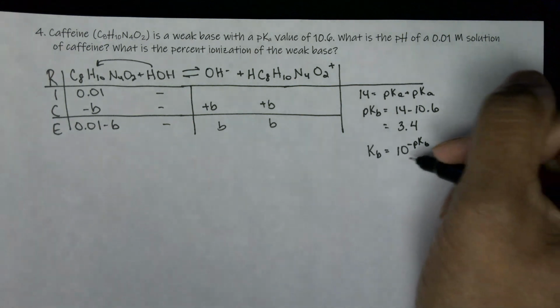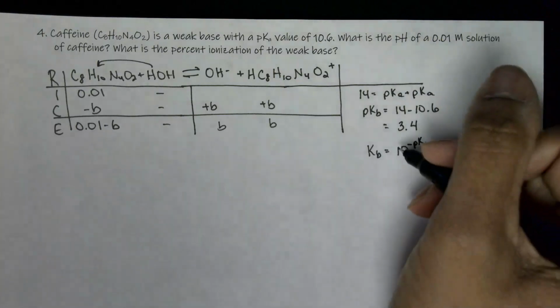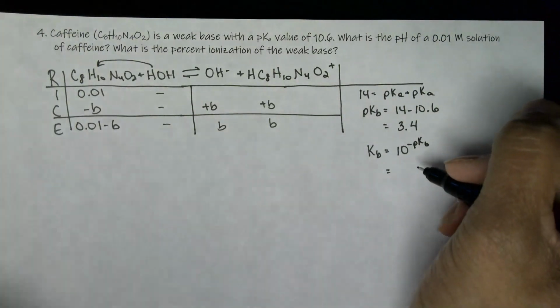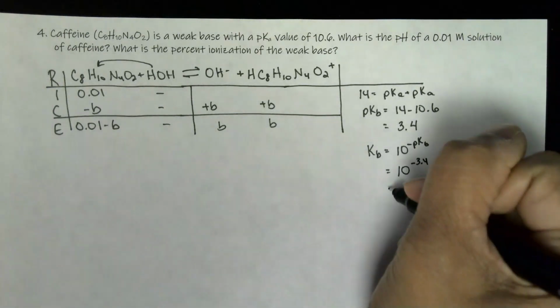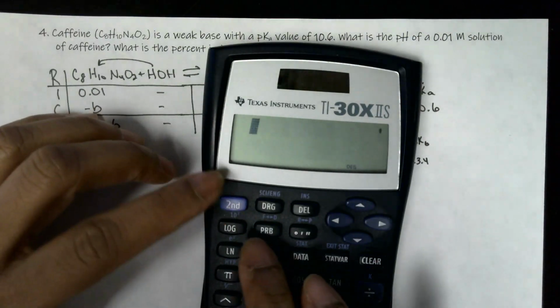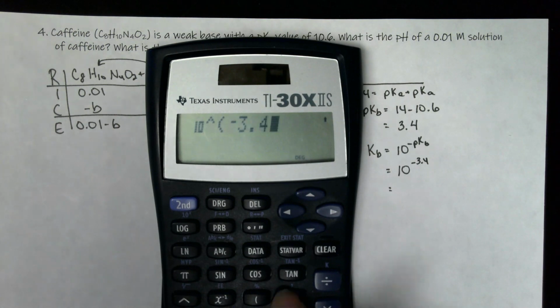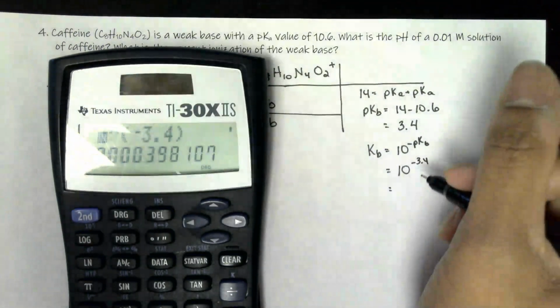We just raise 10 to that negative pKb. So we'll have 10 to the negative 3.4. I'm going to use my second log, and that is negative 3.4.